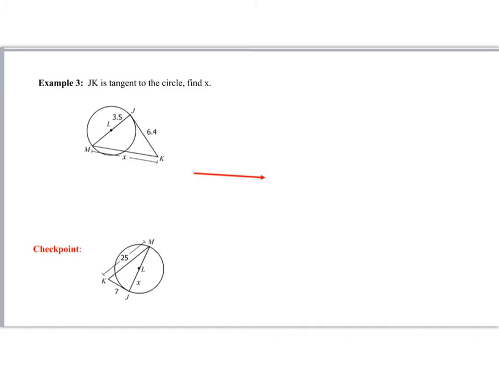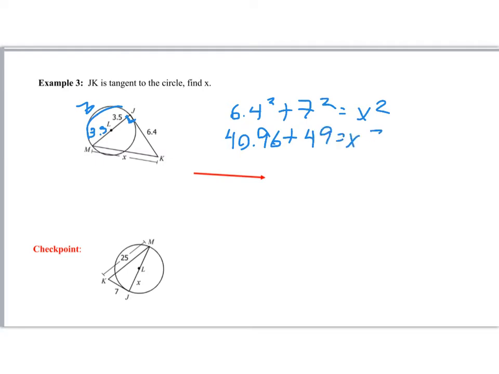Again, we're going to set this up. Okay, there's a random arrow on here, but whatever. To set this up, remember, wherever it's tangent to the circle is your 90 degrees, which means we have 6.4 squared plus 7 squared equals X squared. 6.4 squared is 40.96 plus 49 equals X squared.